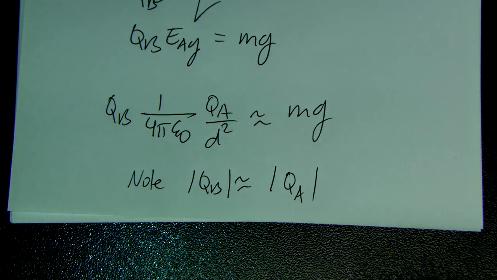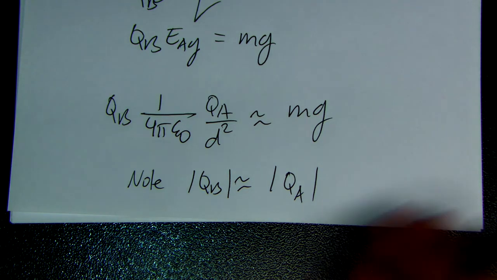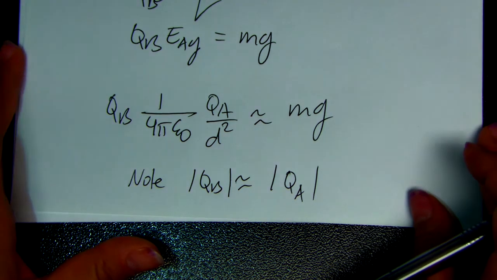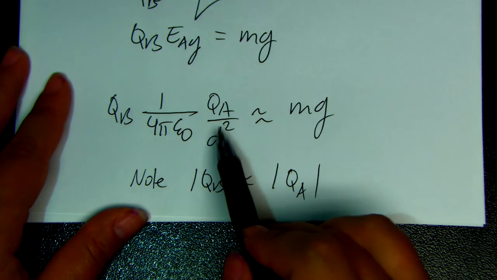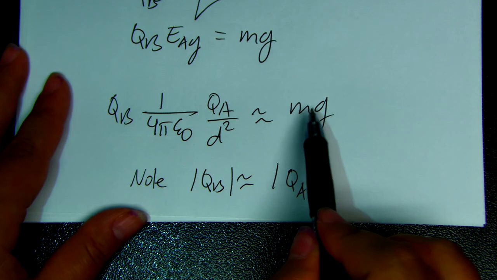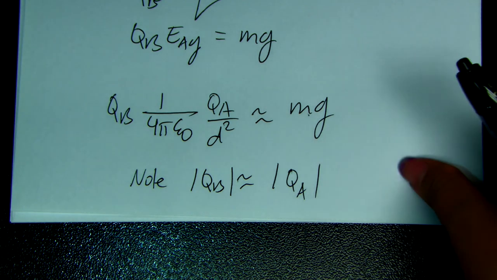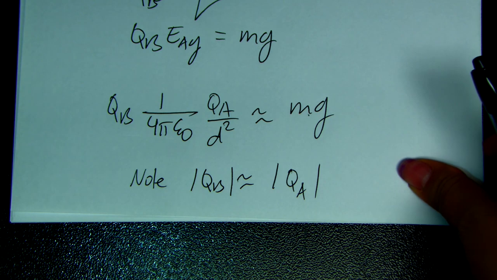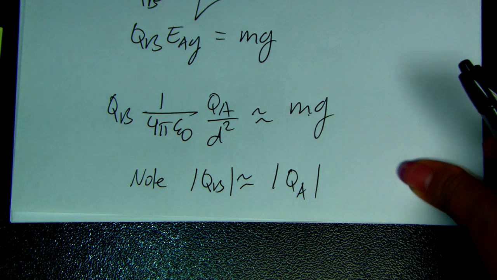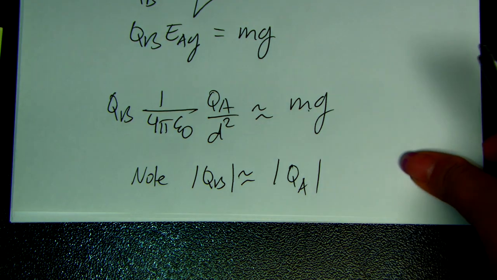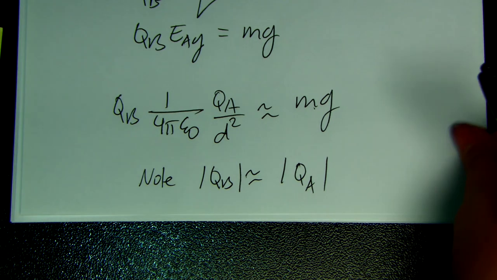And in lab, I want you to plug in real numbers for all of these values. You can measure your distance, you can calculate the approximate mass, you know the gravitational constant, and then you can calculate the charge from this. Once you know the charge, you could go after the fraction of atoms with this excess charge.